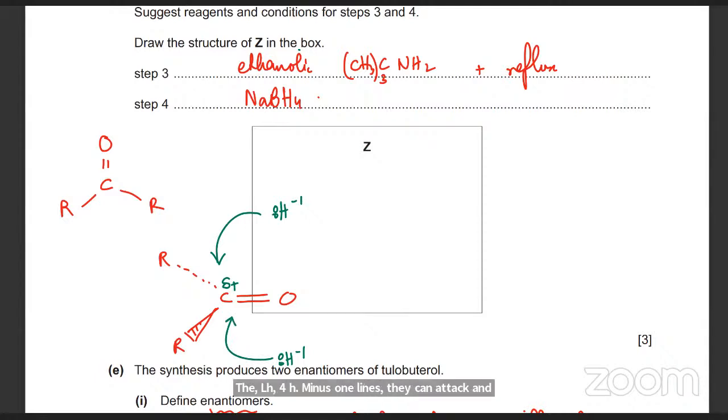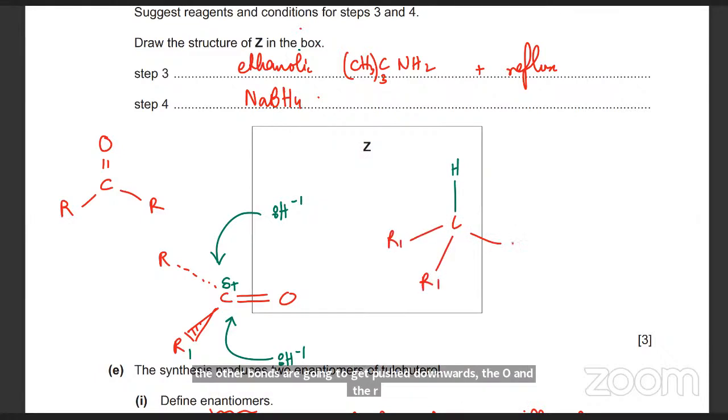In both cases, you're going to get basically optical isomers, because if the H comes from the top and bonds to the carbon, then all the other bonds are going to get pushed downwards. The O and the R1, R2, and so on are all going to get pushed downwards.